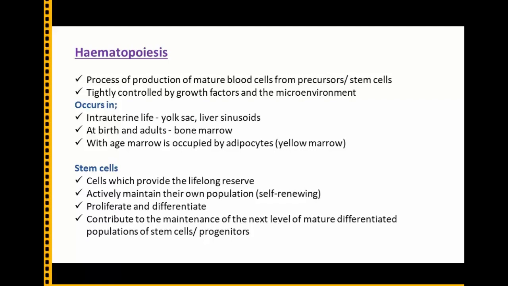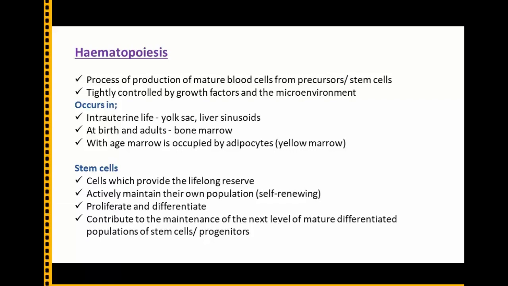When the bones form in the embryo, hematopoiesis starts to occur in the bone marrow. At birth, hematopoiesis fully functions at the bone marrow and extramedullary hematopoiesis stops at birth.